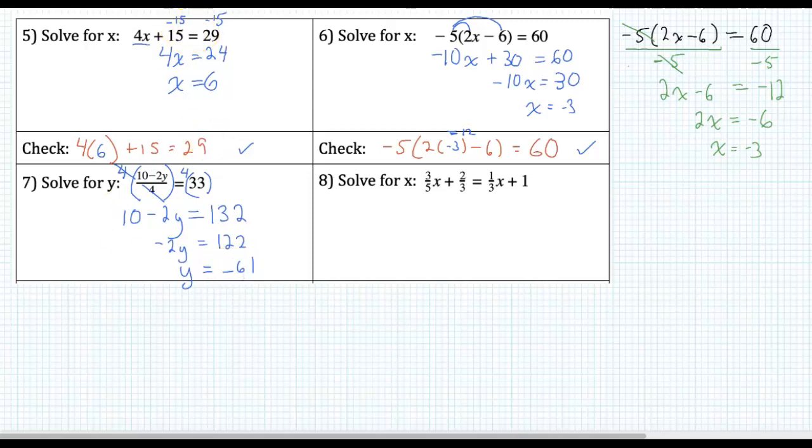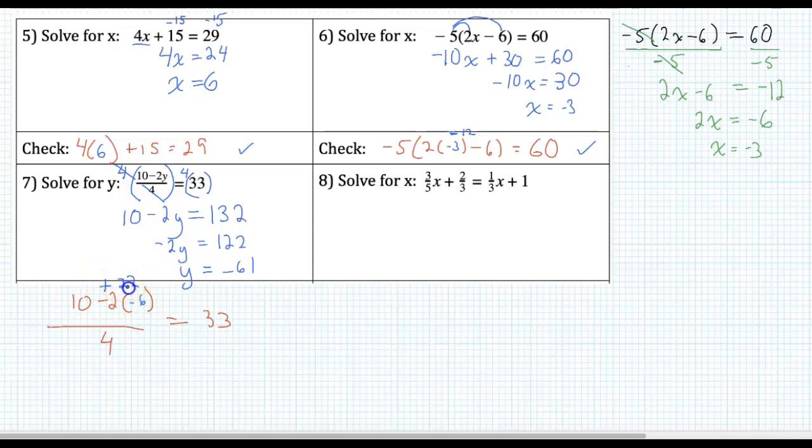Let's check that. So if I check that, 10 minus 2y over 4 is equal to 33. Let's just check and substitute here. We said it was negative 61. So 10 and then negative 2 times, that's 12. So 10 plus 12, that's 22.